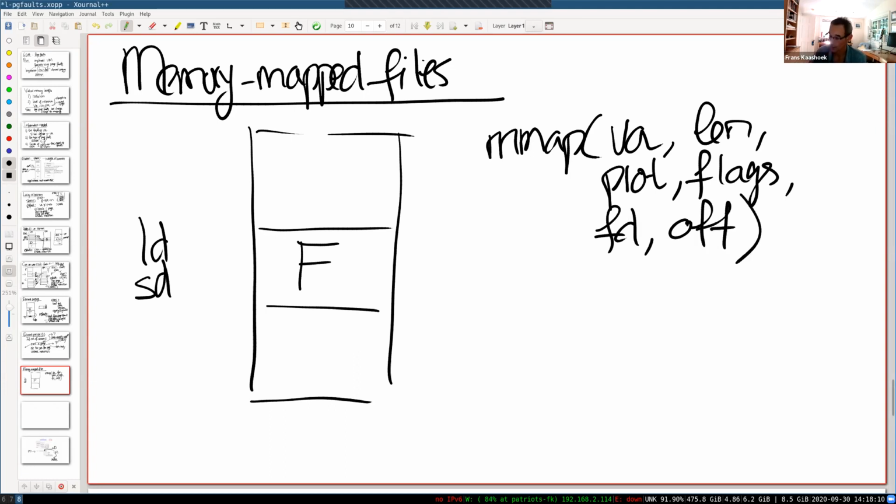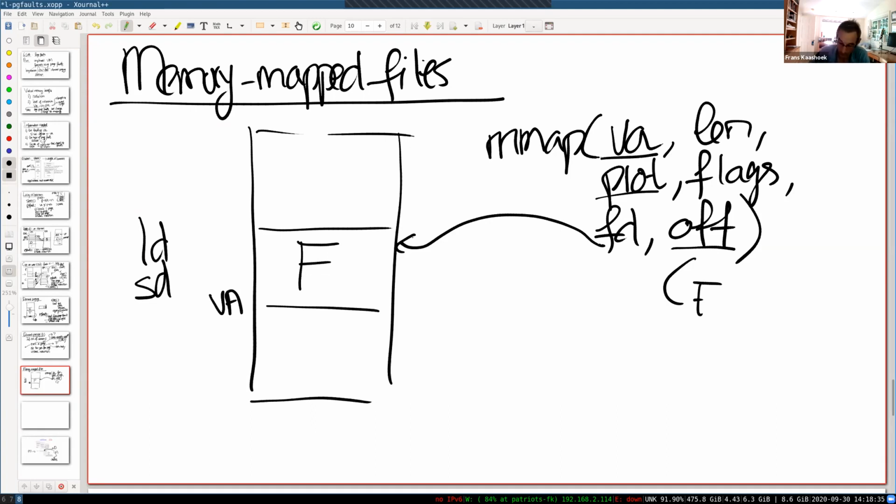What this says is: map this file descriptor, starting from the offset in file F, at the virtual address VA, with some protection like read, write, etc.